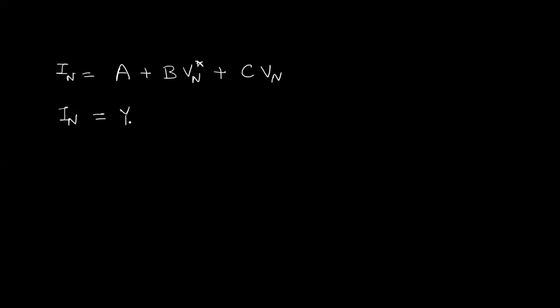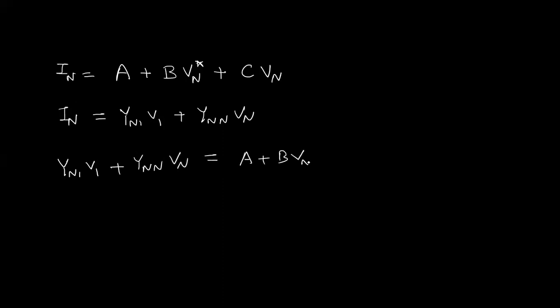So this is basically Yn1 V1 plus Ynn Vn. Right. And since the LHS is equal, we can equate the RHS on both sides. So here we have Yn1 V1 plus Ynn Vn is equal to A plus B Vn conjugate plus C Vn. Okay.